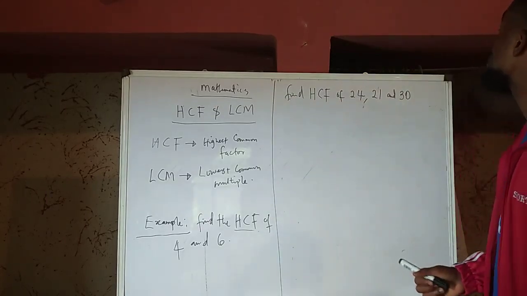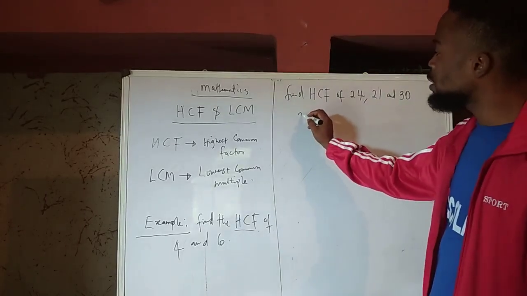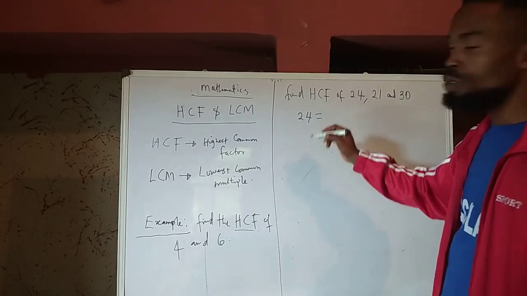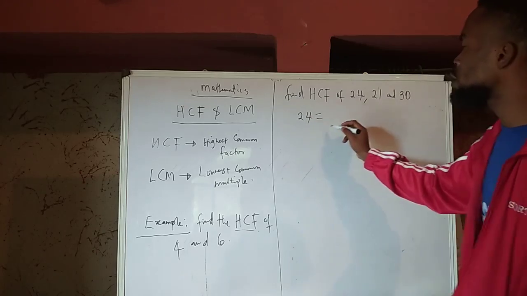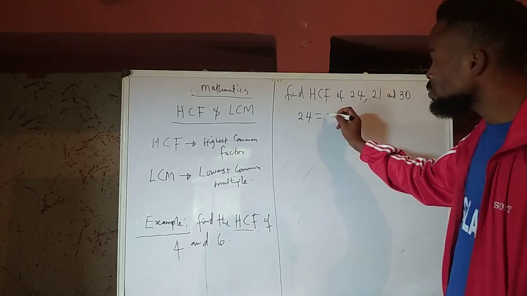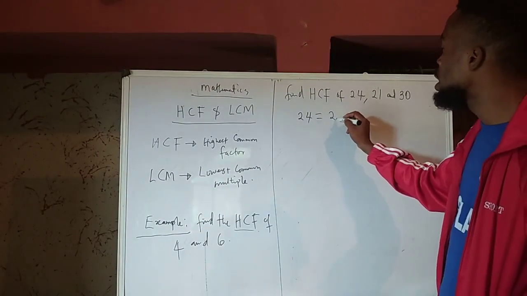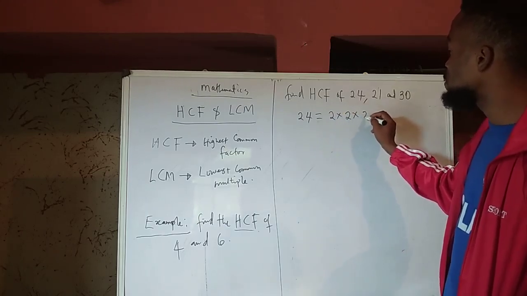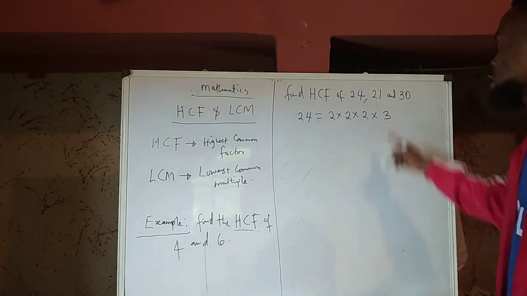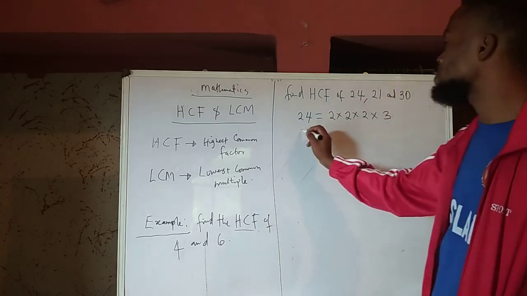Alright, so what we are going to do is this. First of all, we find the prime factors of 24. Please note, we do prime factors. If you follow my procedure for breaking this down to prime factors, you're going to get 2 times 2 times 2 times 3. That's what you will get. Okay, so let's also look at the prime factors of 21.